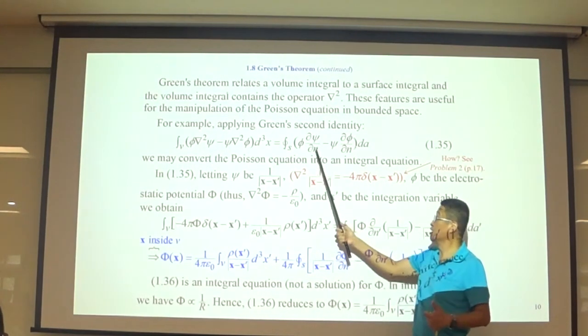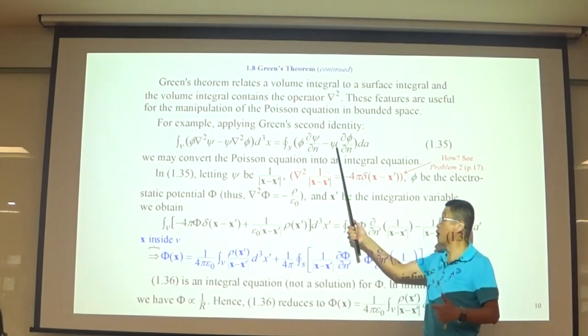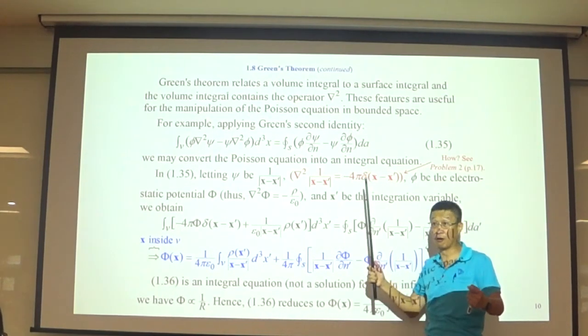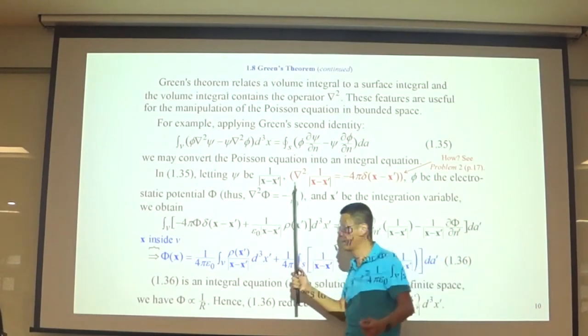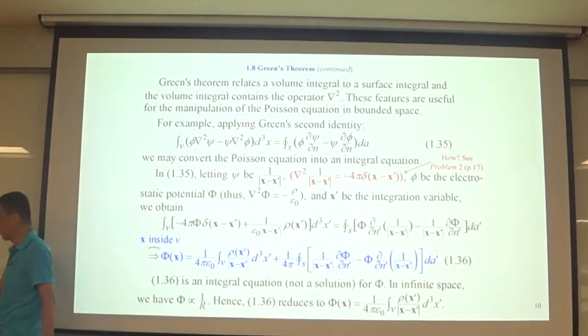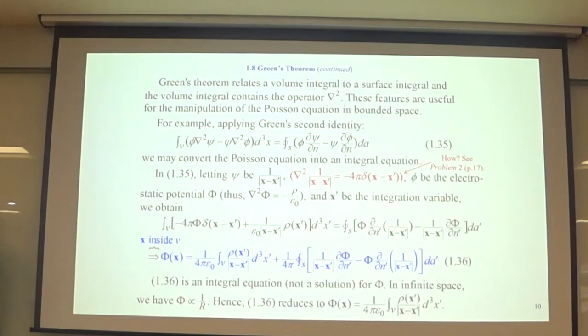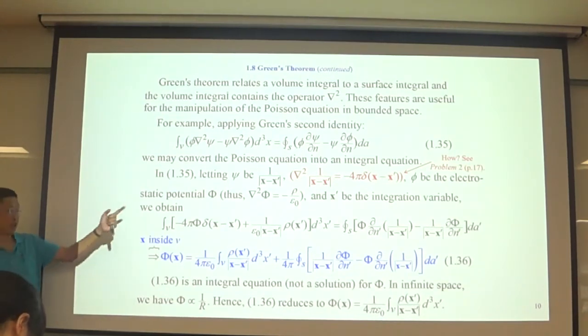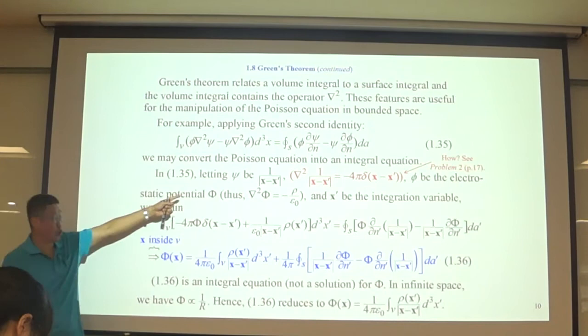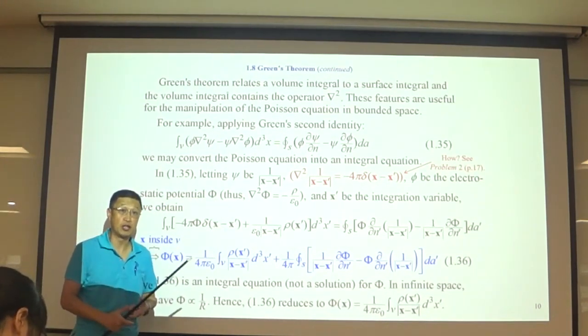And on the surface, psi will be 0. So we will start to study the Dirac delta function. This Green function is actually related to the delta function.